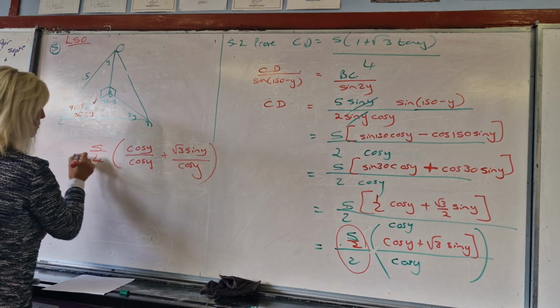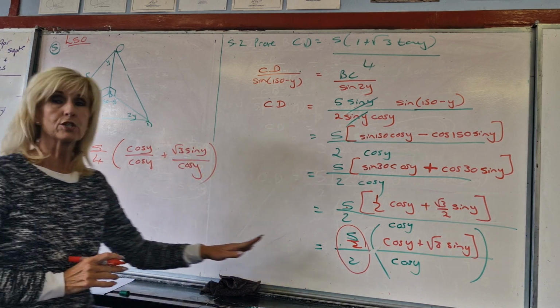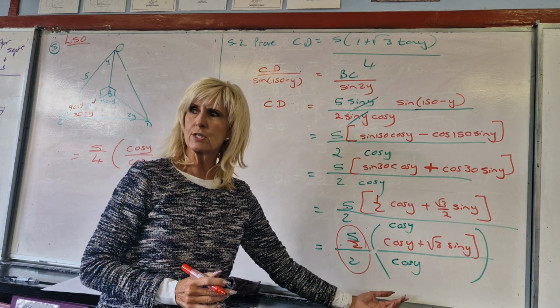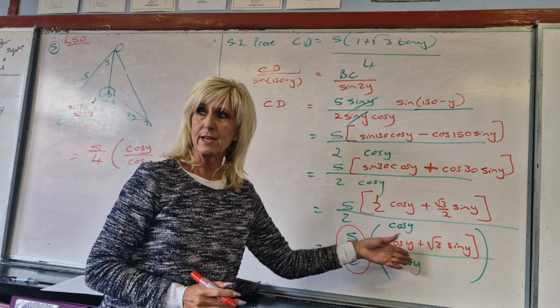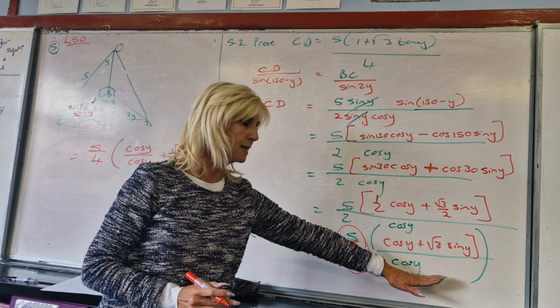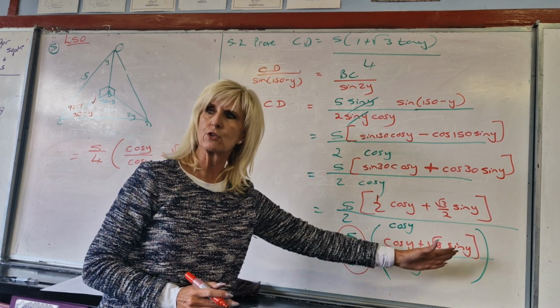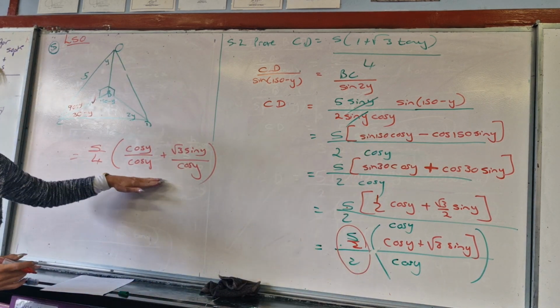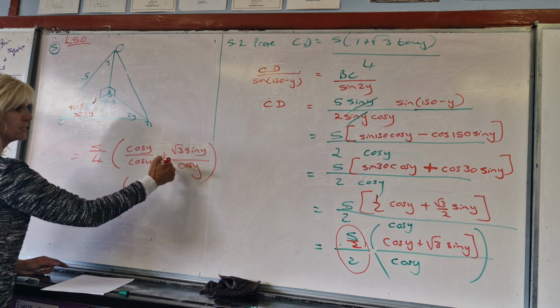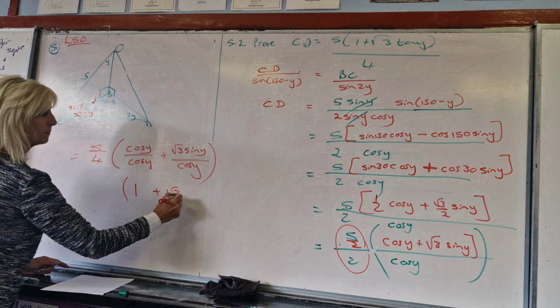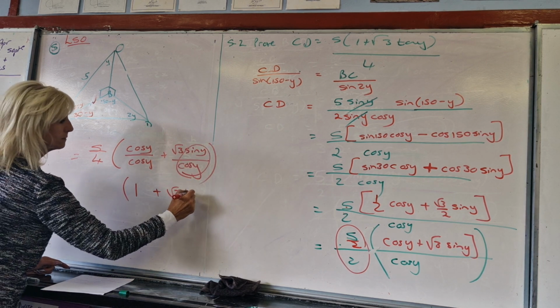You really don't need to write that step there, but just to show you. Because I can't just cancel out over a plus and a minus, and I can't factorize, this is another technique: let's put them each on their own denominator, meaning this will become 1, and this will become root 3 tan y.